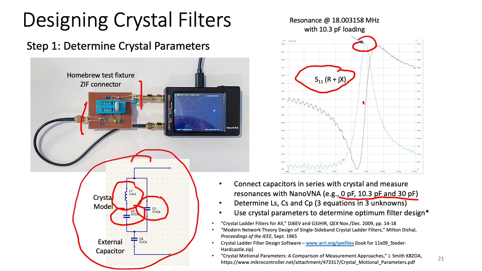So at 10.3 pF, for example, the Nano sweeps through and we can see a resonant frequency of 18.003158 megahertz. I do that for all three parameters, and using those resonant frequencies, I can plug them into a formula to get the three component values that I need for completely defining the crystal itself.